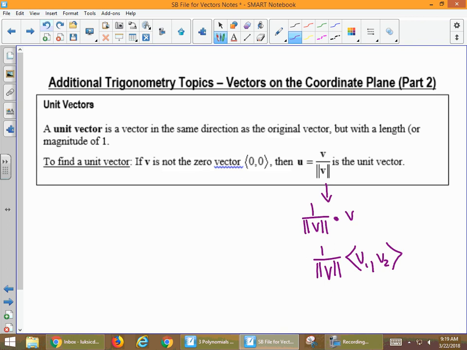And that is not on your equation sheet. So if you're keeping track of what you have on your equation sheet and what you need, that's one that you will need to pull out of your brain at the time of the test. 1 over magnitude times your vector.